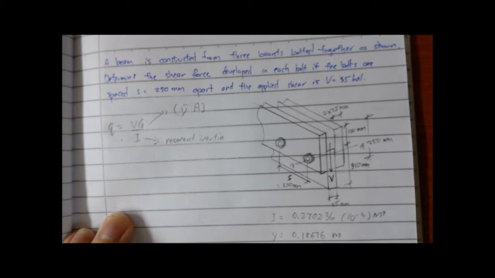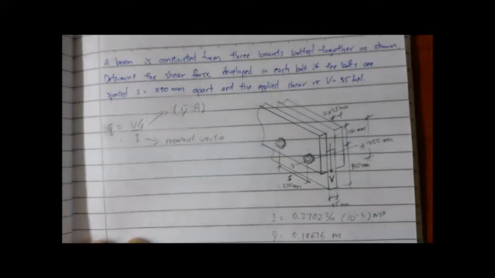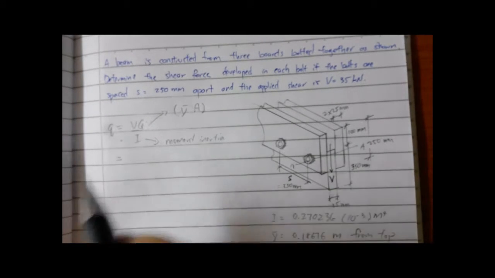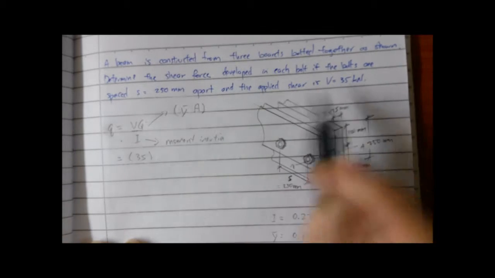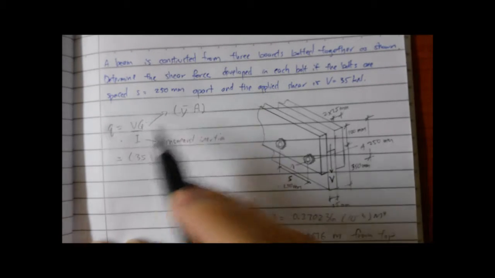After the calculation, we calculated that I is this answer and y is this answer. This is from the top. Then V and the Q.